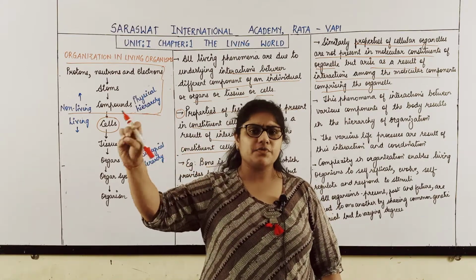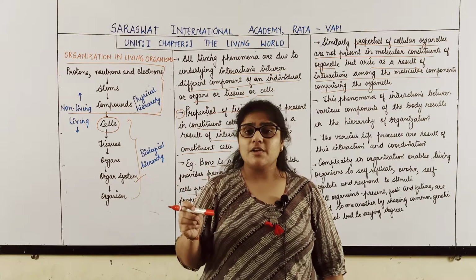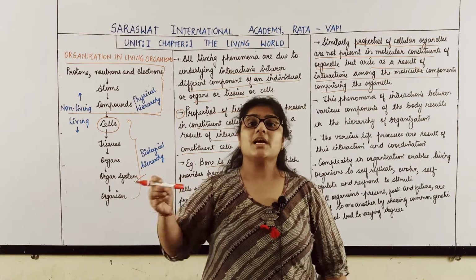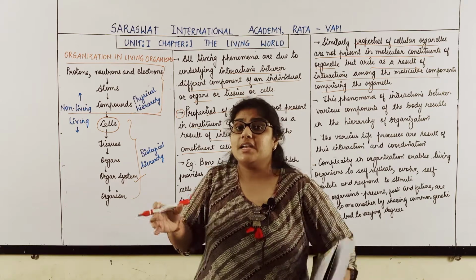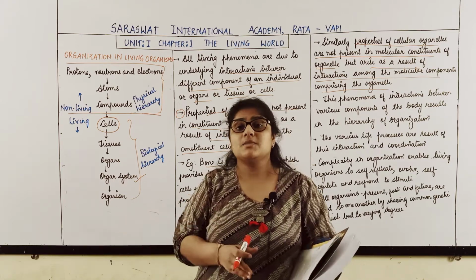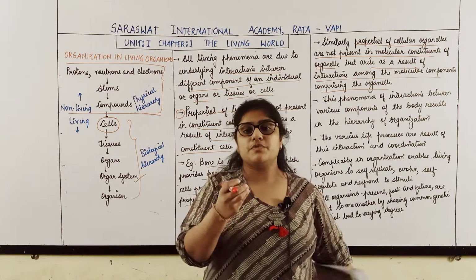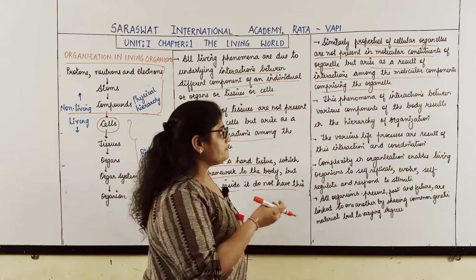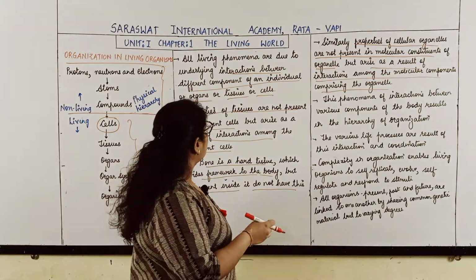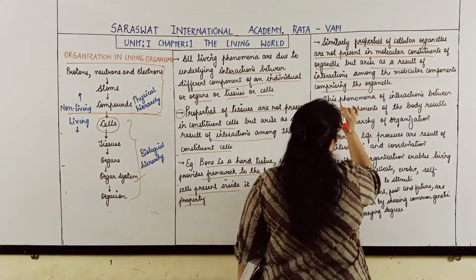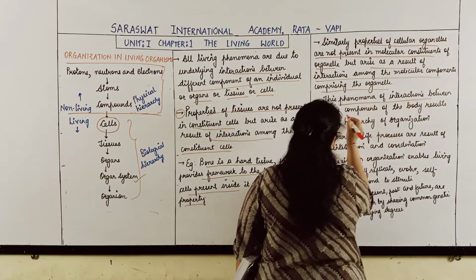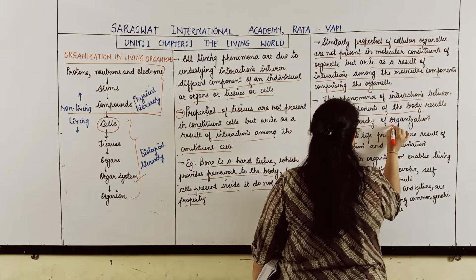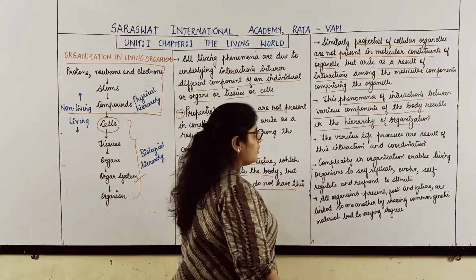Whatever is the function of the organelle, that function is not due to the molecular components themselves, but due to the interactions between these molecular components which form that particular organelle. So from this, we can conclude that the phenomenon of interaction between the various components of the body results in the hierarchy of organization.